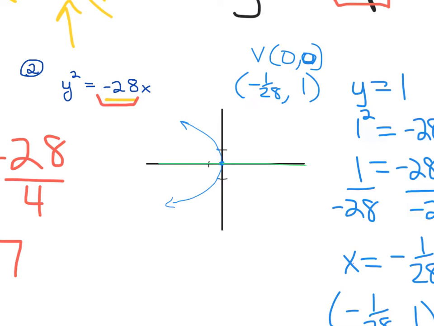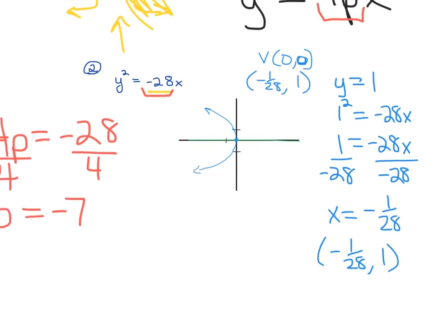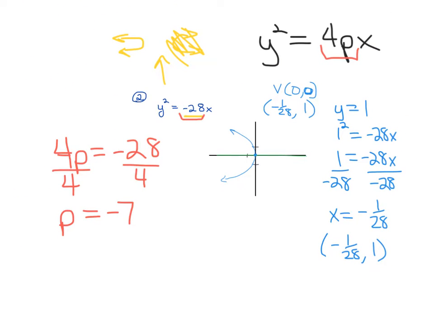Now I need to find the focus point and the directrix line. To find my focus point, I use my p-value. The focus point is always inside that C or U shape. So I'm going to move 7 units from the vertex.